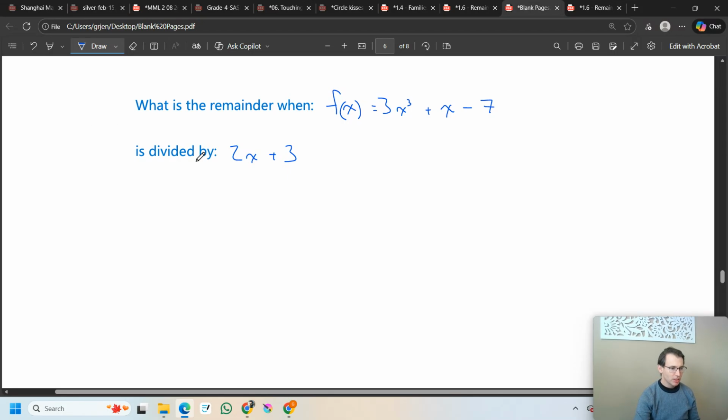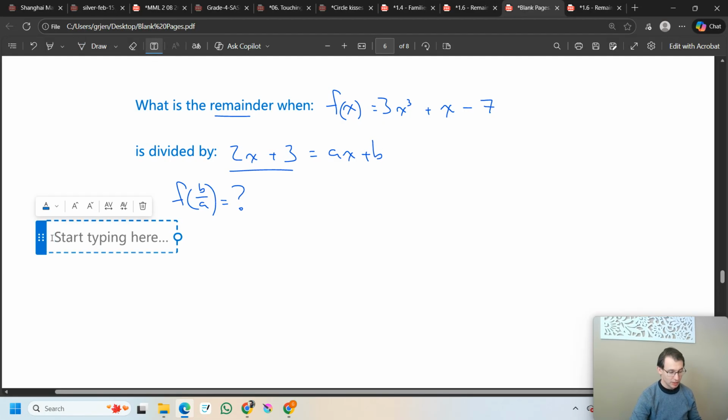So we know that we are interested in f at b on a to find the remainder according to the remainder theorem, and we're going to get b and a from here. So this is equal to ax plus b, and we have this type of statement.